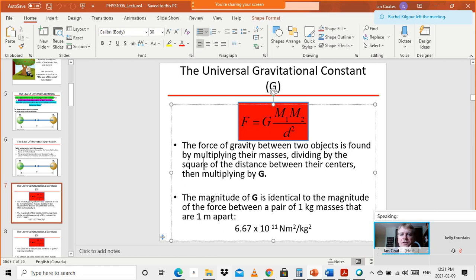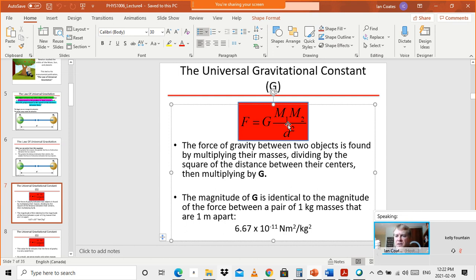So the force of gravity between two objects is found by multiplying their masses, dividing by the square of the distance, and multiplying by G. This is a formula we can use with a can of Coke and a pencil, which I'll show you. We can use this between Jupiter and Saturn. This is a really good formula.